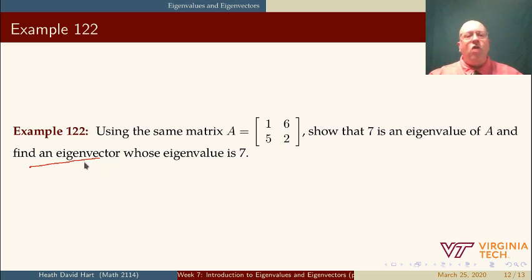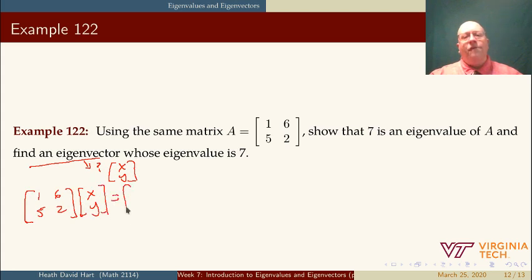So we don't know what this eigenvector is, but there is some eigenvector that gets 7 times bigger. Well, we can multiply this out.